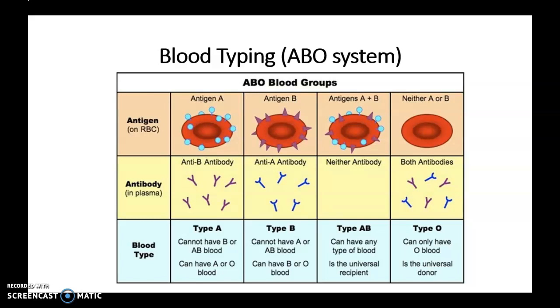Similarly, a person with blood type B will have B antigens on the surface of RBC, as shown by the purple triangles, and he will have anti-A antibody. A person with blood type AB will have both antigen A and antigen B on the surface, as shown by the blue balls and the purple triangles, and no antibody in the plasma. And a person with blood type O will have no antigen on the surface of RBC, but he will have both antibodies in the plasma.